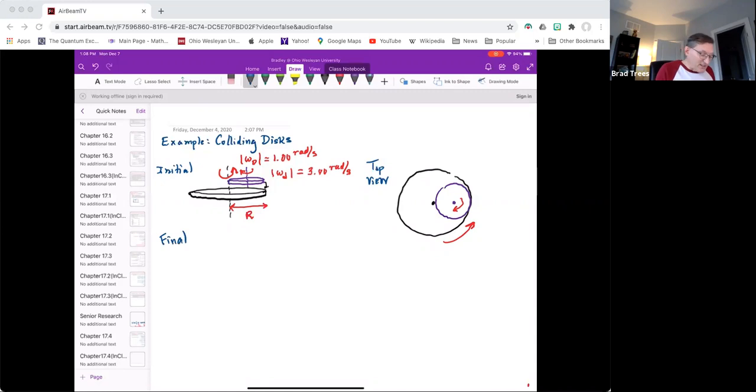The collision itself may be complicated and messy, but what we end up with is the second one, the smaller one, riding on top of the first one. So my picture is going to look very similar to the top view I just drew.